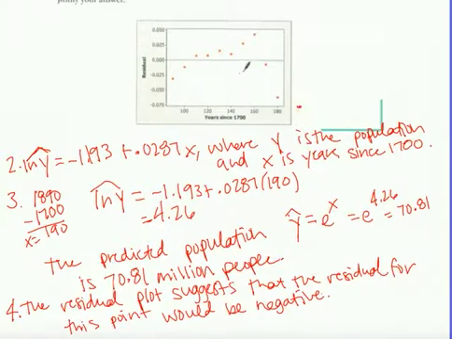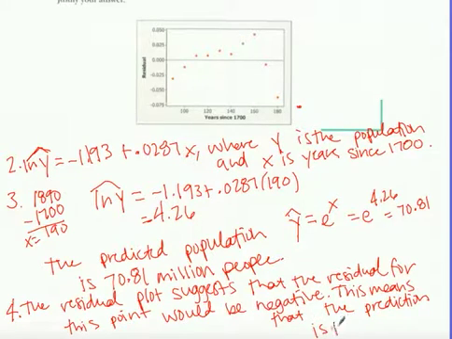And so we've seen at 180 we were in the negatives, so we would predict that 190 would also be in the negatives. So because we're saying that our residual would be in the negatives, that would mean that the prediction is too high.